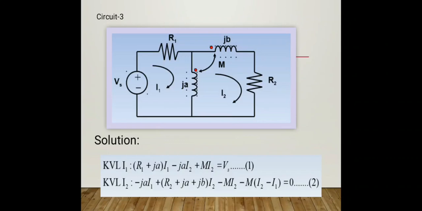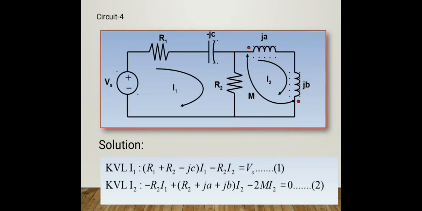The mutual inductance is negative. Referring to the mutual inductance in LB, the net current is I2 minus I1 and I2 leaves the dot of LA and I2 of LB enters the dot, so it should be negative. Okay, let's move to circuit 4.